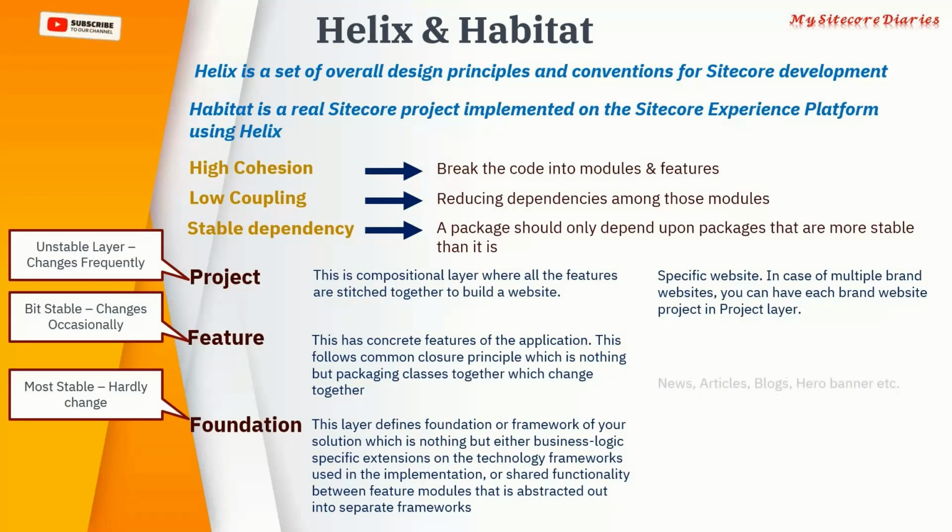Then you have features: news articles, blogs, hero banners. Every news item will have its own project, and it will come into the feature layer. Blog will have its own project, and it will also come into the feature layer. And then the foundation is common code, like theming or indexing, which will come into the foundation. That is basically Helix and Habitat.